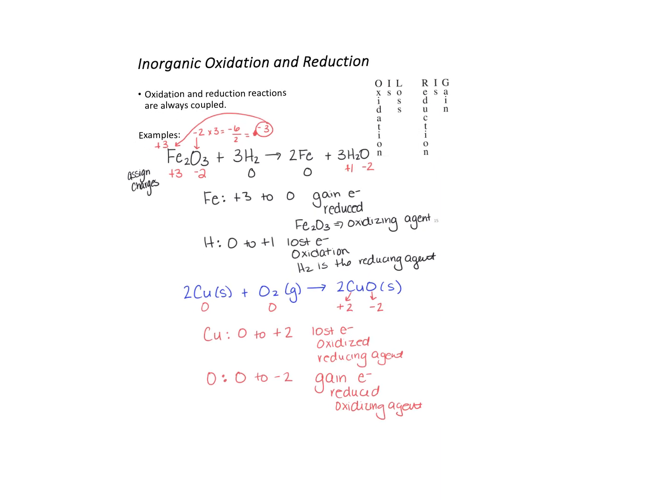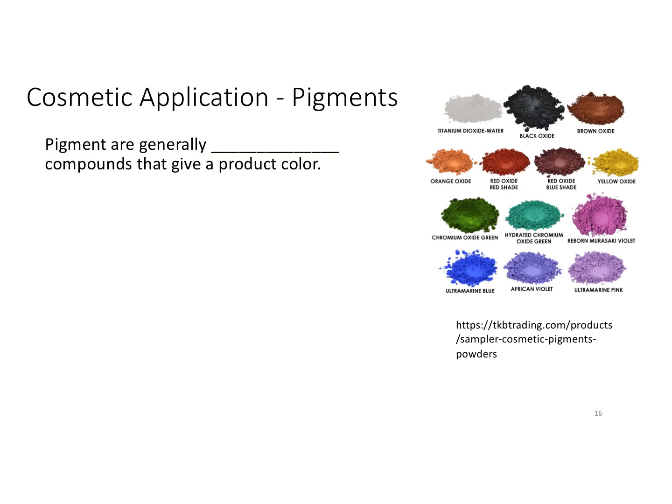Where do we see this in cosmetics? Well, we see it mostly when we talk about pigments. So if you look here, we're talking mostly about ionic compounds. In general, pigments are generally ionic compounds. Okay. And they give a product color.